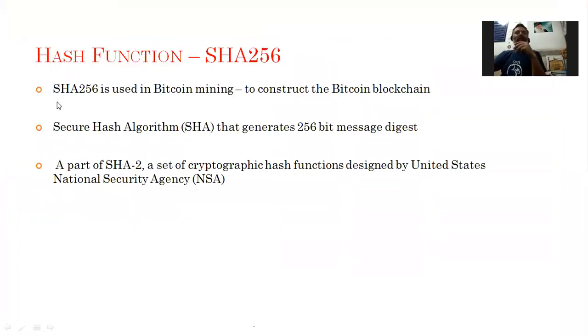The SHA hash function is used in Bitcoin mining for constructing Bitcoin. We'll discuss it in coming lectures. SHA-2 was developed by the NSA, and this 256 shows the size of the output, or you can say the size of the hash code.